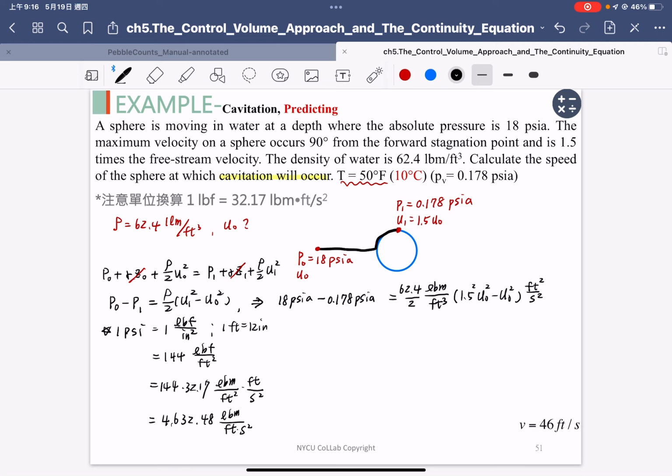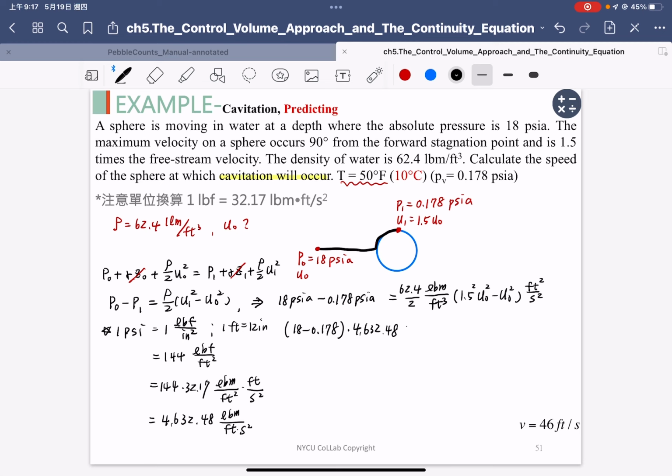So we have 18 minus 0.178 multiplied by, we change the psi to be pound mass divided by ft and second square. So here we multiply 4632.48.